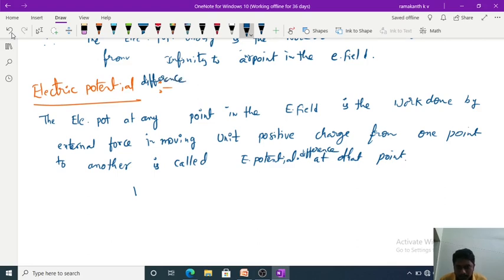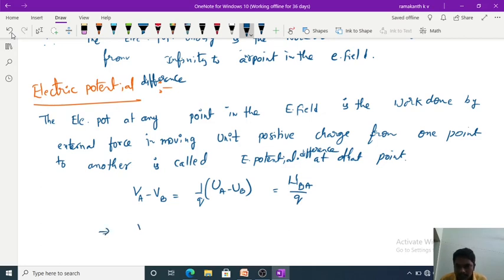Therefore VA minus VB equals 1 by Q into UA minus UB, or work done in bringing a unit positive charge from B to A, work done per unit charge, nothing but the electric potential. So work done per unit charge is called electric potential difference.